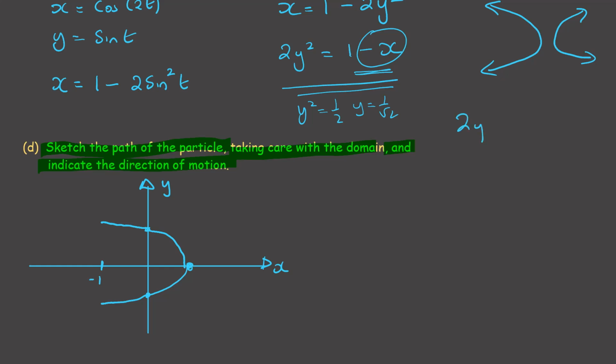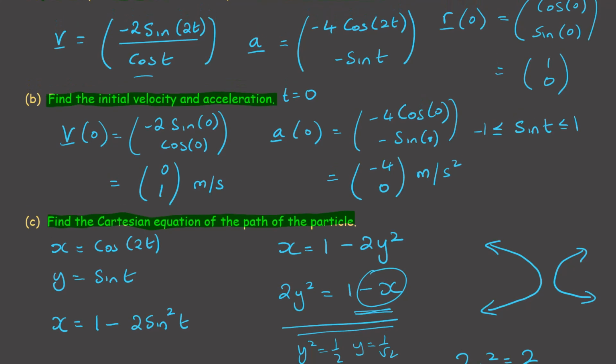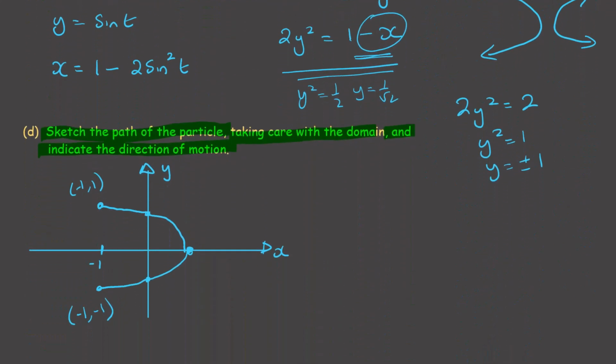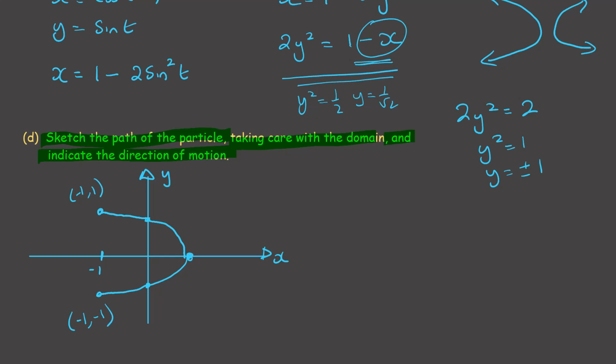If x is -1, that gives me 2y squared is equal to 2. Y squared equals 1, y is equal to plus or minus 1. So this would be -1, 1, and this one down here would be -1, -1. Now, we've just established that we start at 1, 0. So this is the start point.